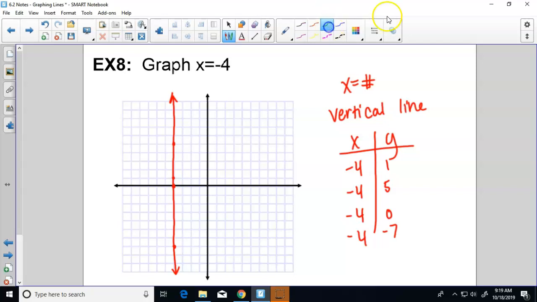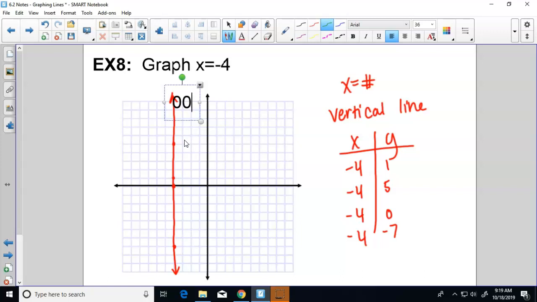Now, we didn't talk about this yesterday. We should have. What's the slope of that line? It is not 0. 0 is when you have a horizontal line. It is not 1. Because 1 would go up 1 over 1. -0 would just be 0. It is not a number. It is a word.